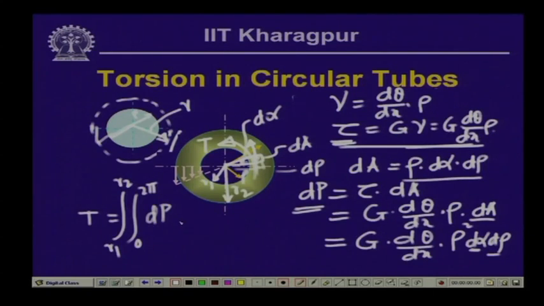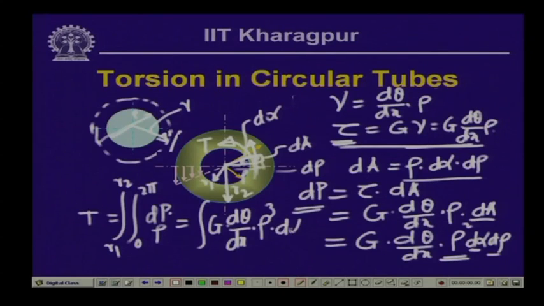So, this is equal to the integral of G d theta/dx times, now dP times rho is the twisting moment, so we have rho square times rho, which is rho cube, times d alpha times d rho.